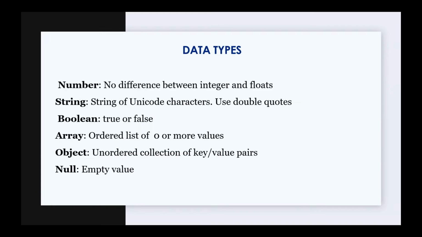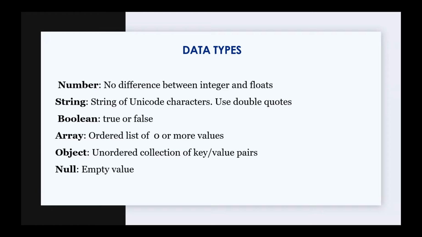It contains some data types that you will see later in an example, but I just want to give you brief information. We have numbers, with no difference between integers and floats, so you can have decimal values as well as integer values. We can also encode characters using double quotes, so we can put strings like names, email, anything else.